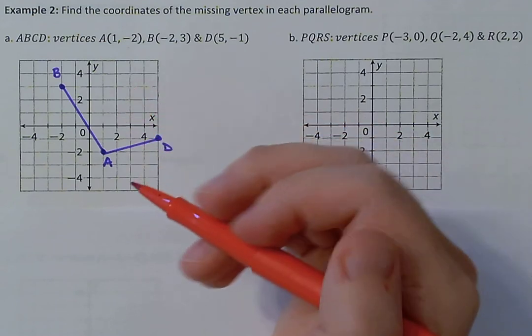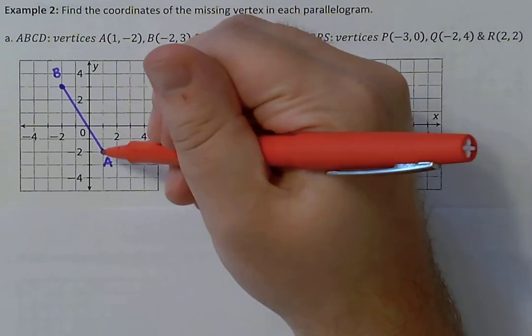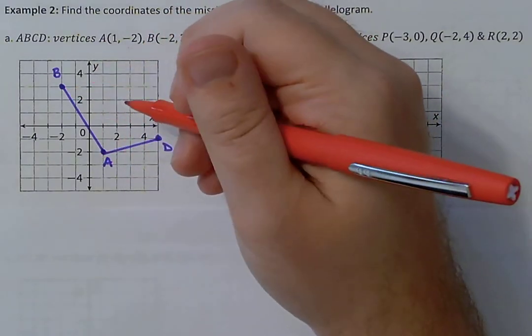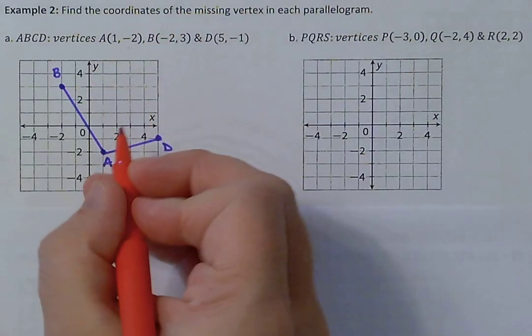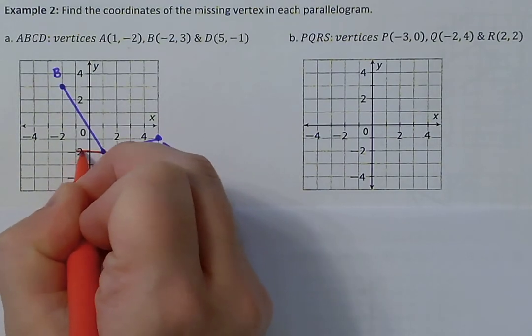out C. So if we look at how we get from A to B, to get from A to B, we're going to have to go back 1, 2, 3.